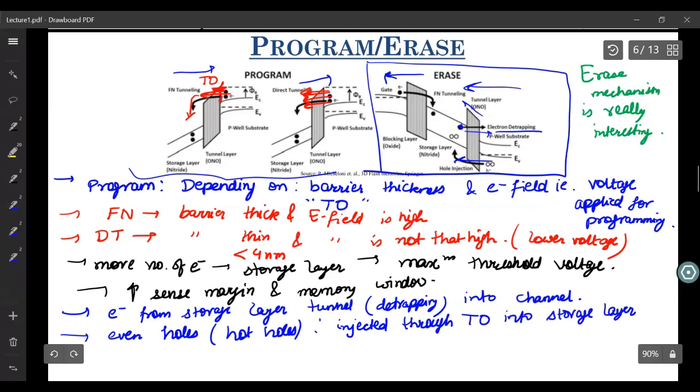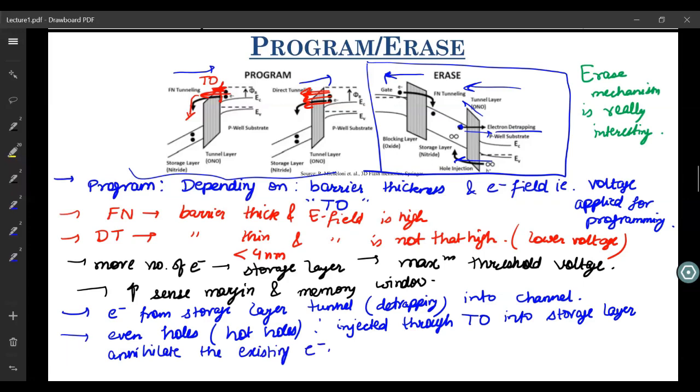And once these holes tunnel into the storage layer, they will annihilate, or recombine with, the existing electrons.